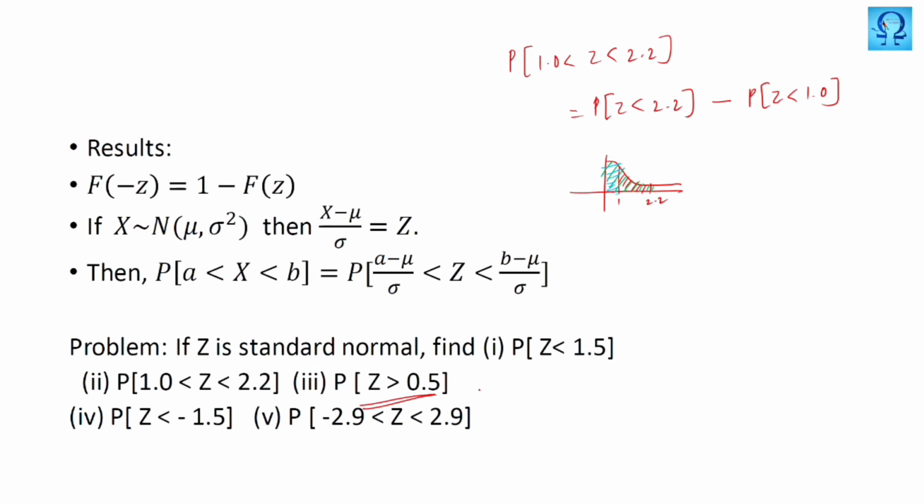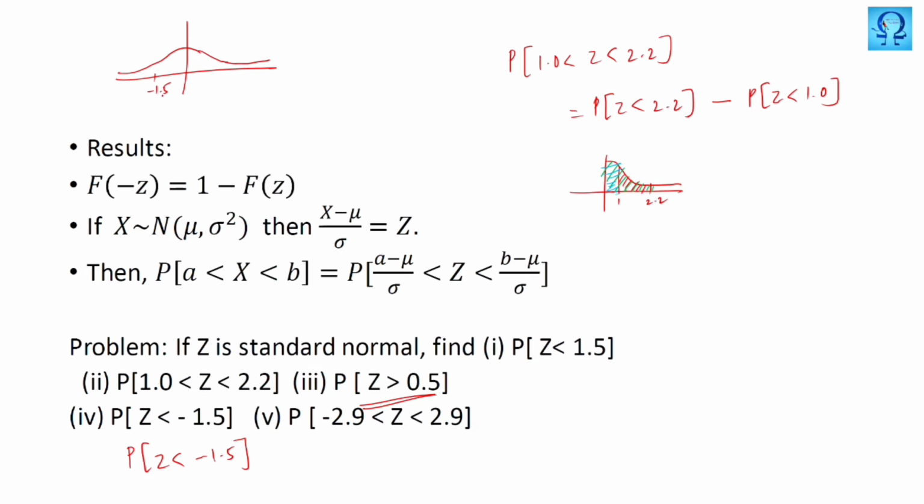Now I hope you have understood how to use this table. So here, probability of Z less than minus 1.5. This is what we need to calculate. How are we going to achieve it? Now consider this curve.